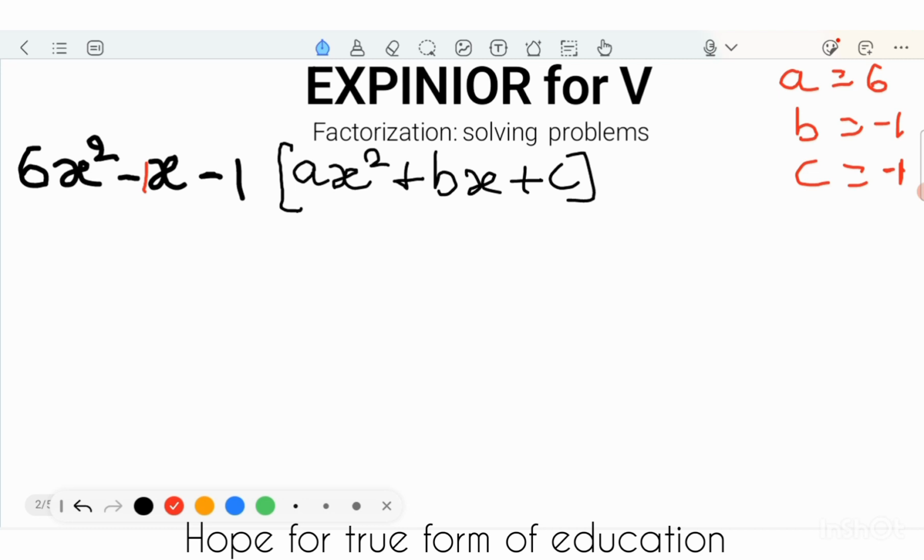Okay, now the first work we have to do is splitting the middle term. So for that we have to multiply a with c. So a into c, that is 6 into minus 1, is equal to minus 6.